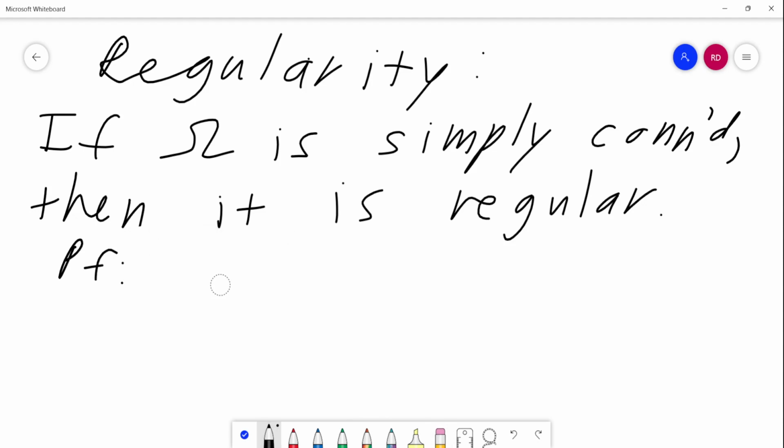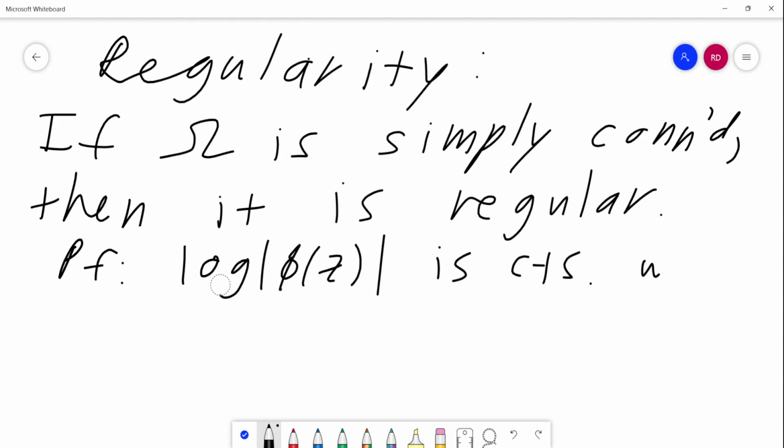All right, so we know log of absolute value of phi of z, that is our Green's function, and it is continuous when phi of z is non-zero.